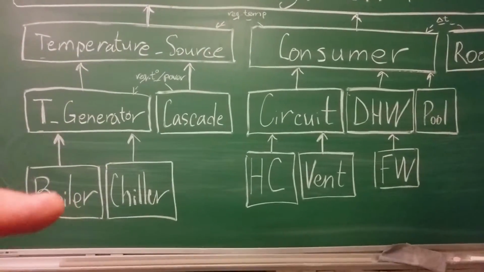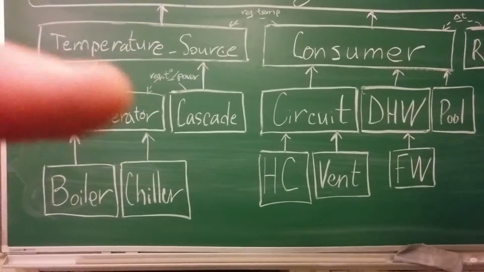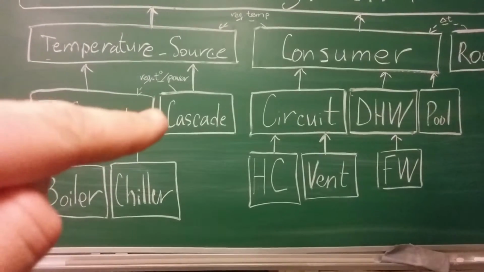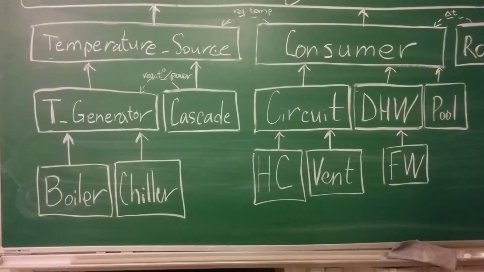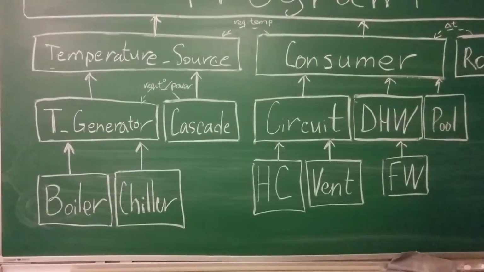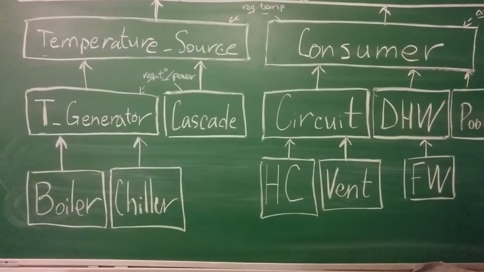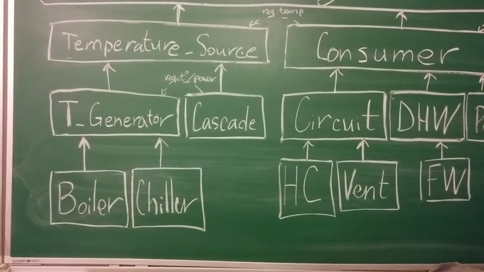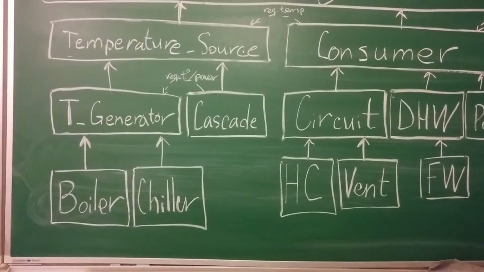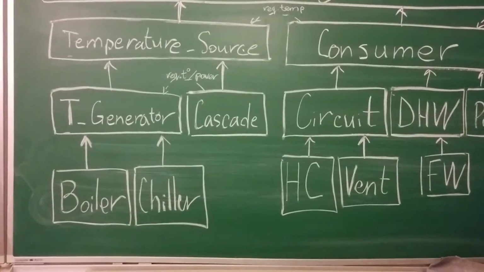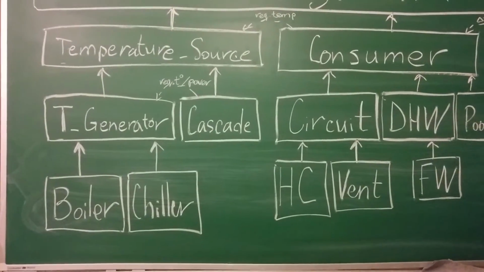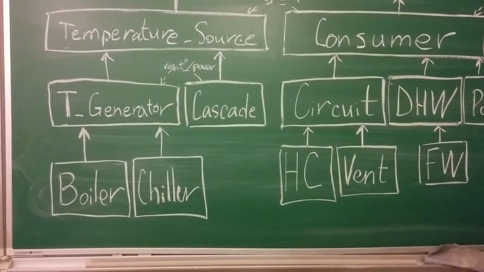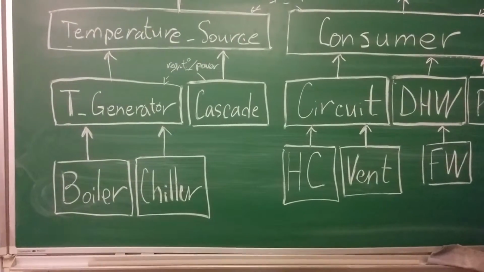Also, when you have several boilers, you will most probably have a Cascade Manager in your system. A Cascade Manager just acts as a manager who decides which boiler needs to run first and second, how many boilers will run, and what power every boiler needs to maintain.